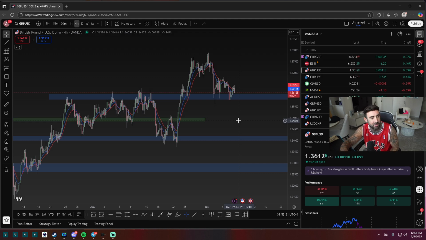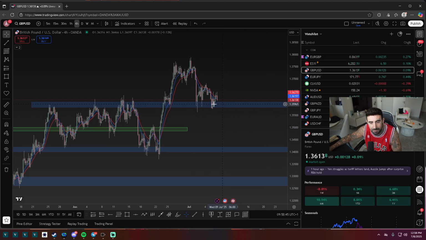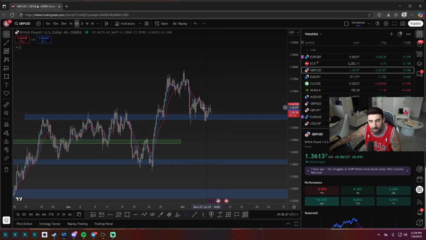Start off with a major pair, EURUSD, GBPUSD, something like that. Something that is easy for you to start mapping out levels. Right now we are up at 1.36. So I know that at the moment our range is 1.36 and roughly 1.38.